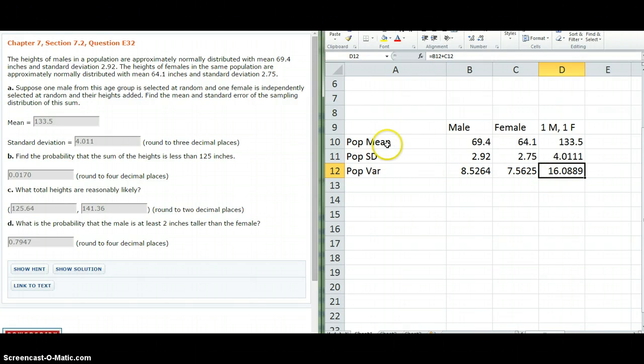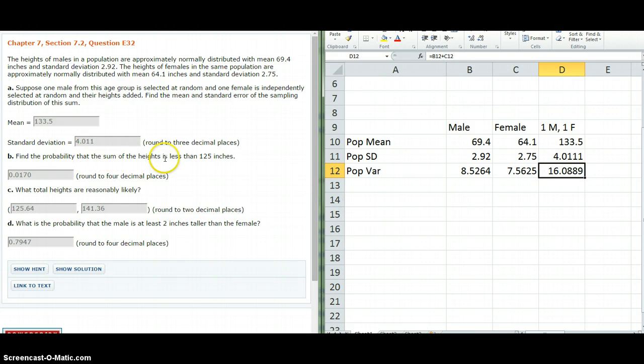So again, means and variances from separate populations can simply be added. Standard deviations cannot, but using the knowledge that we have of the connection between standard deviation and variance, we can go backwards then to get that population standard deviation.